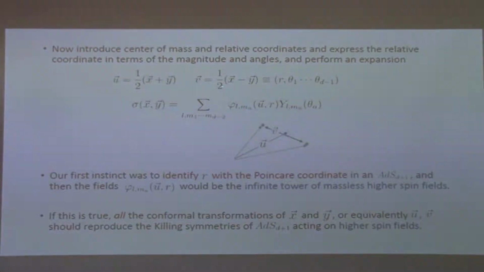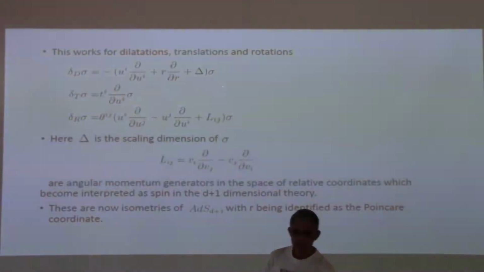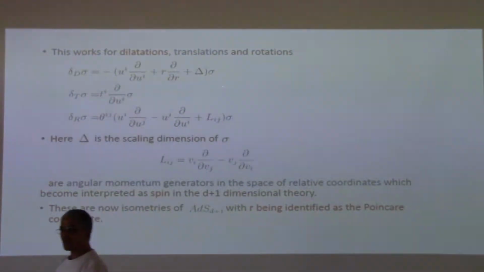Now, if this was true, however, all the conformal transformations of these two points, or equivalently u and v, which are the center of mass and the relative coordinates, should reproduce the Killing symmetries of the higher dimensional AdS. This is almost true, and it does work for the dilatations, the translations, and the rotation generators. As you can see, I've written those generators as acting on sigma.